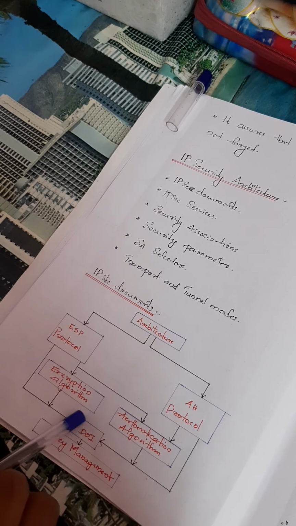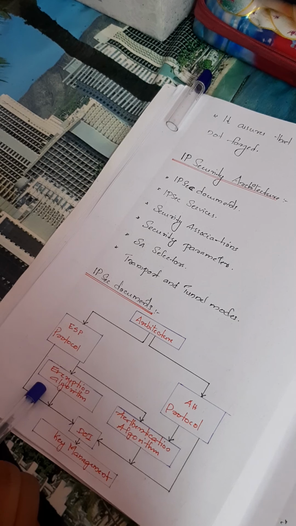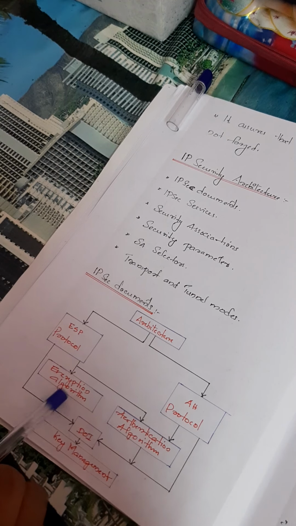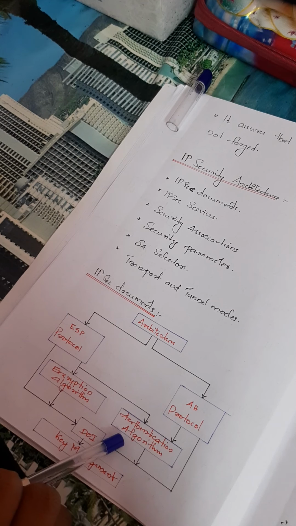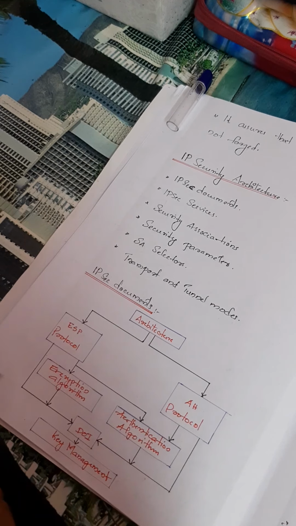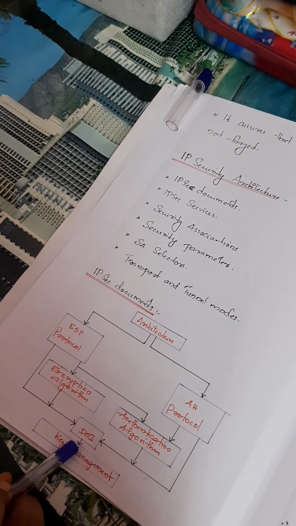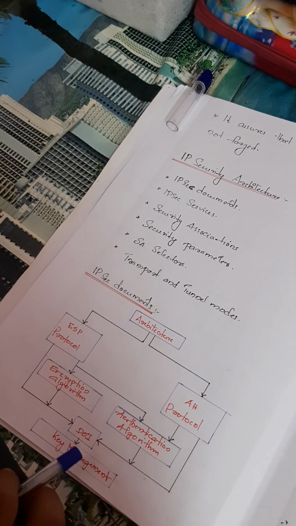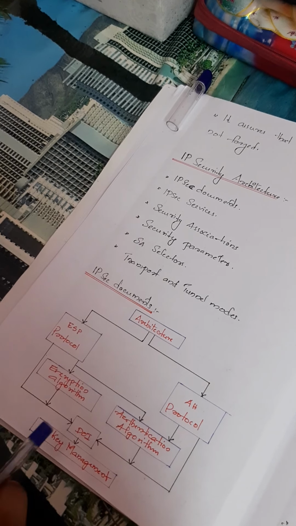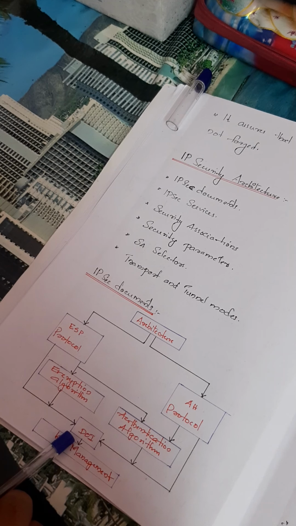The encryption algorithm, that means confidentiality, consists of a set of documents that describes how various algorithms are used for ESP. Similarly, the authentication algorithm consists of a set of documents that describes how various authentication algorithms are used. And DOI, domain of interpretation, contains the values needed for other documents to relate to each other, and it includes some identifiers and operational parameters.